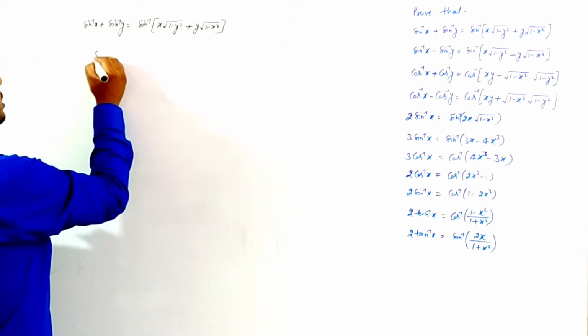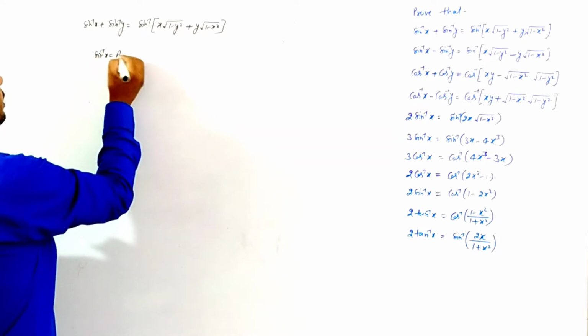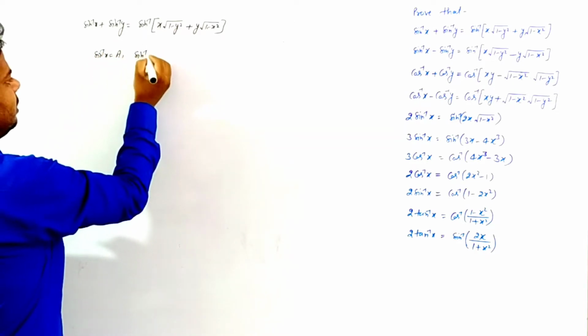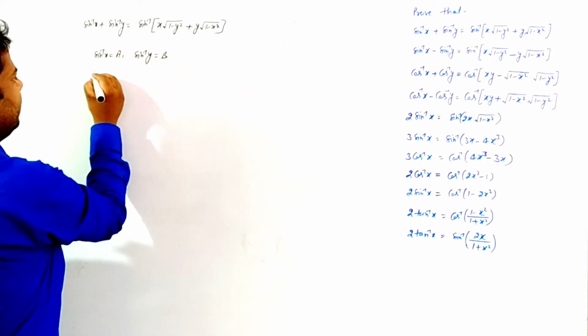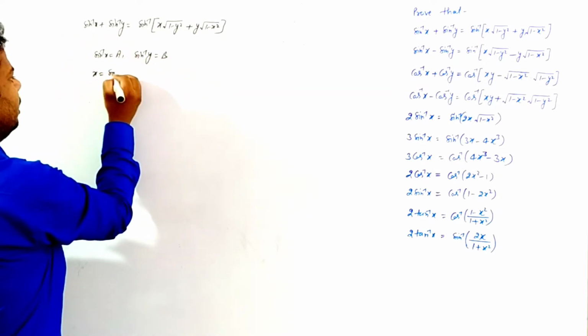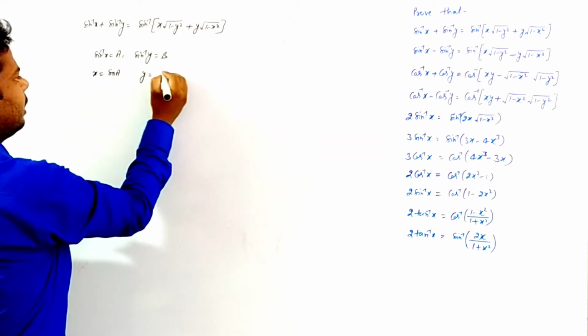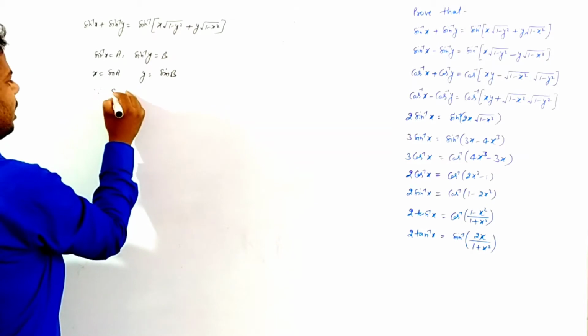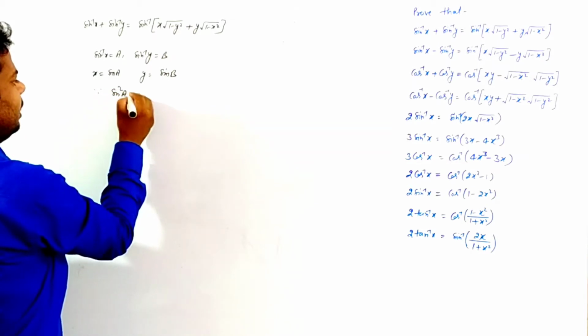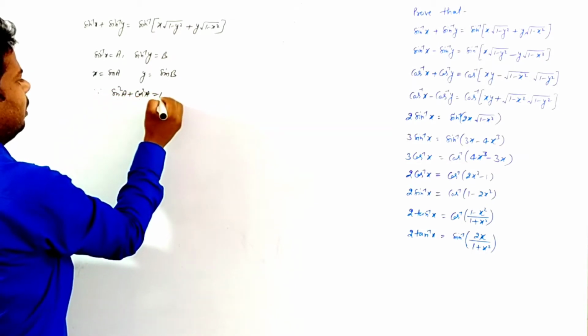Let us suppose that sin inverse x is equal to a and sin inverse y is equal to b. Then x is equal to sin a, and y is equal to sin b. But we have a formula sin square a plus cos square a is equal to 1.